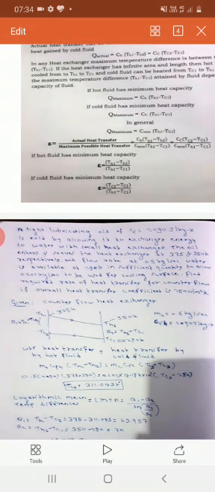Substitute values. mH is 0.5, Cph is 2090, Th1 minus Th2 is 375 minus 350, is equal to mc 0.201 into 4.187 into 10 raised to 3, into Tc2 minus Tc1, which is 280. We get the temperature of the cold fluid at outlet as 311.043 Kelvin.